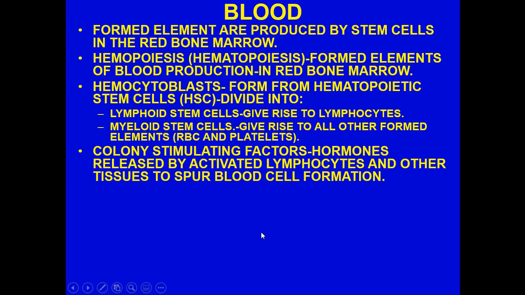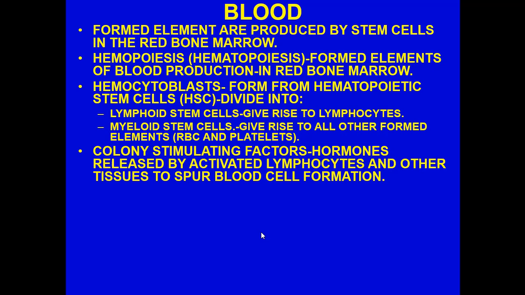The formed elements are produced by stem cells in the red bone marrow. Hemopoiesis, or hematopoiesis, is the production of the formed elements of blood. Hematopoiesis occurs, as I said, in the red bone marrow, and hemocytoblasts form from the hematopoietic stem cells.